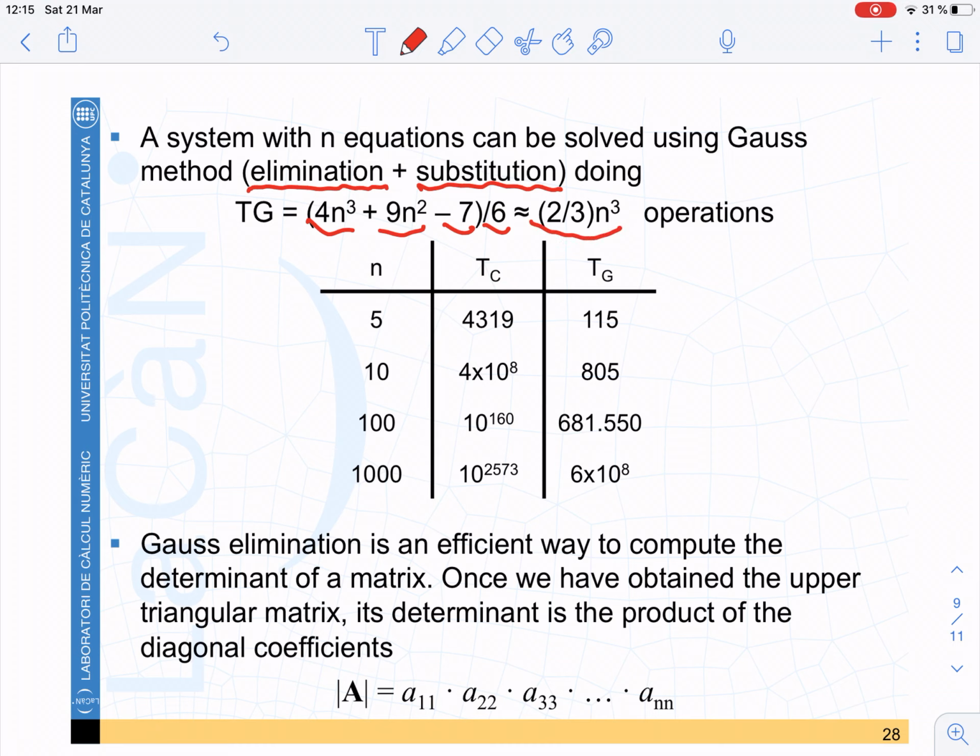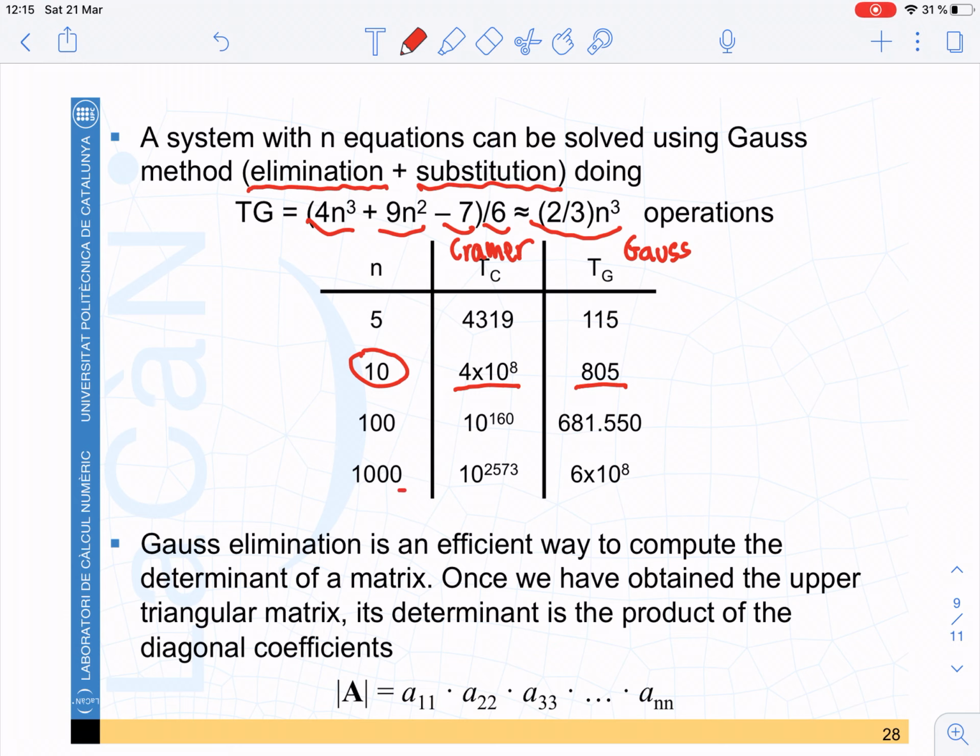Now, 2/3 of n cubed is a reasonable operation count. Let us compare, for instance, Cramer versus Gauss. Okay. For n equal 10, Cramer's method based on a naive computation of determinants involves 400 million operations, whereas Gauss method involves 800 operations.